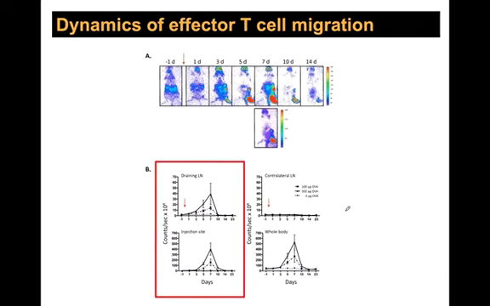So how fast does this happen? Well, when you look at the actual number of T cells that you can count in a mouse, and so these are T cells that have a luciferase gene in them, so you can actually visualize them over time in a live mouse. So this is day -1 before infection. Then you infect the mouse, and you're looking for how fast or where are the T cells going and how fast they're getting there.